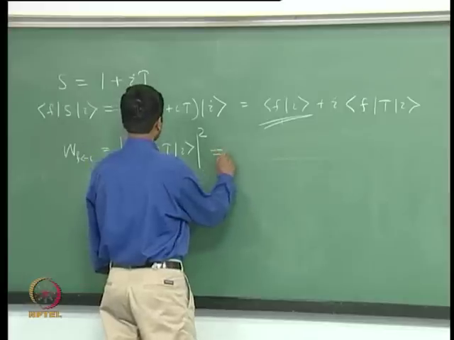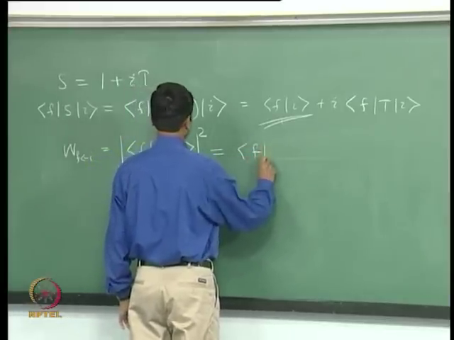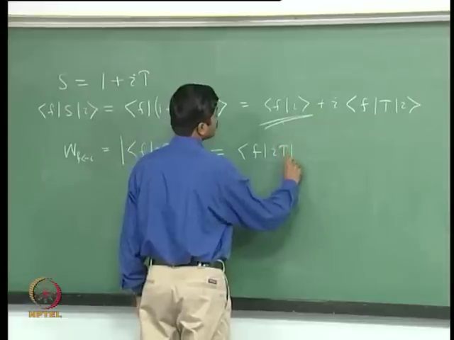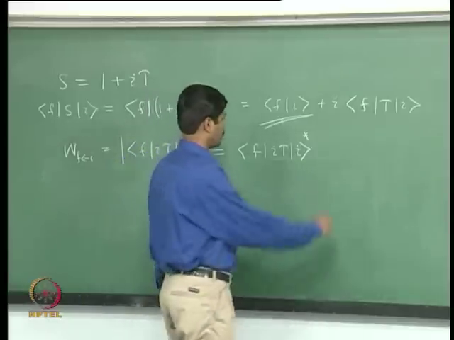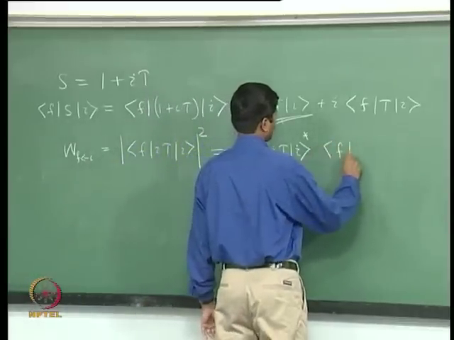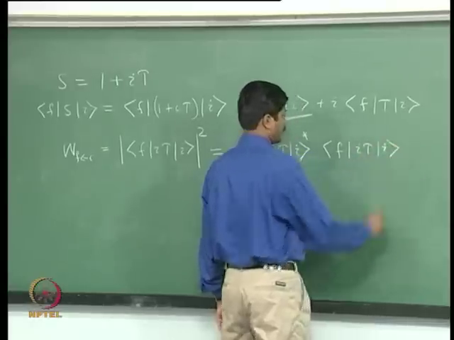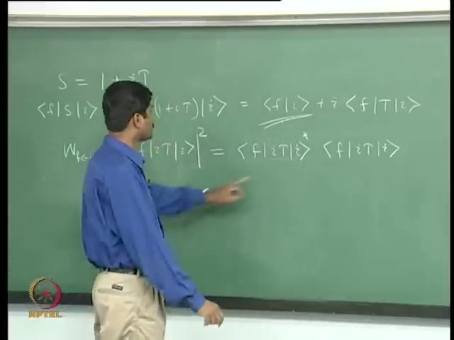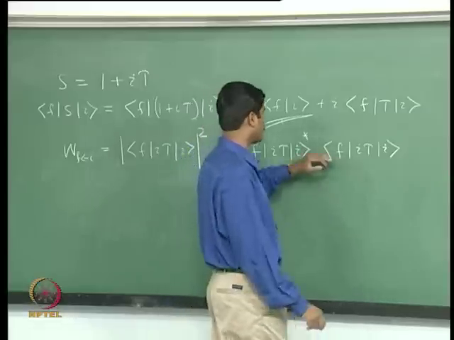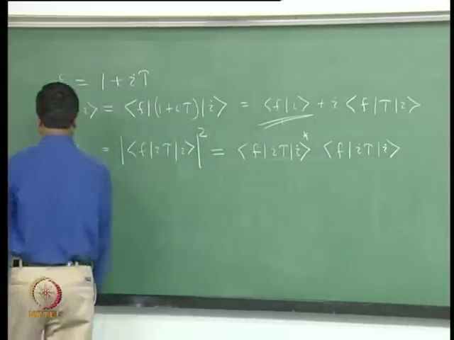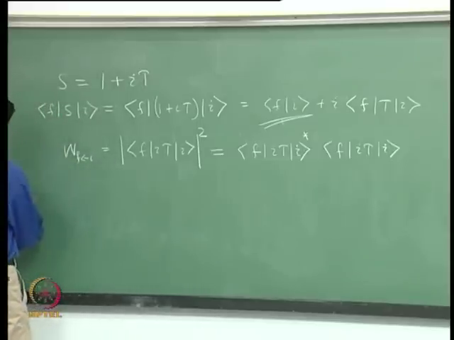This quantity here, I will call this again f i T i star times f, right. It is absolutely trivial. Now, I will put this formula there.